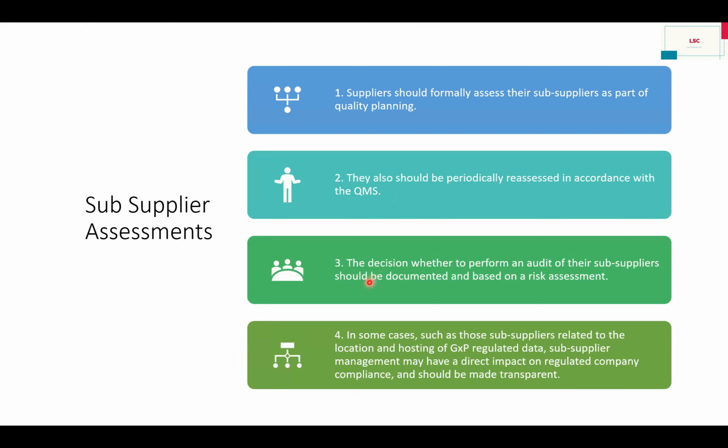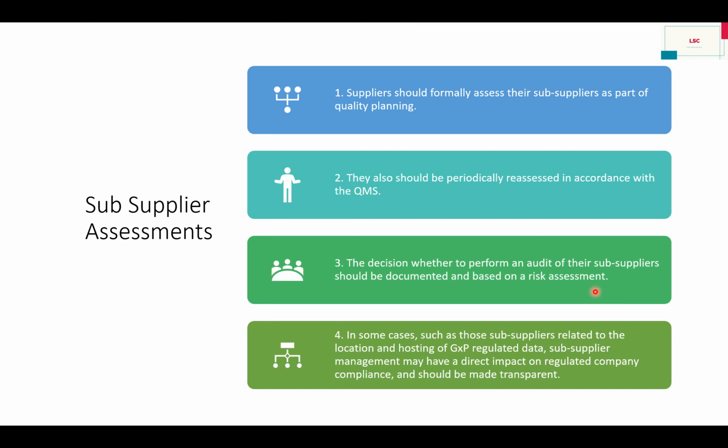And the third one, the decision whether to perform an audit of their sub-supplier should be documented and based upon the risk assessment. Clearly defined. If you are going to take on a sub-supplier, there is a requirement of the audit and also a requirement of the risk assessment.